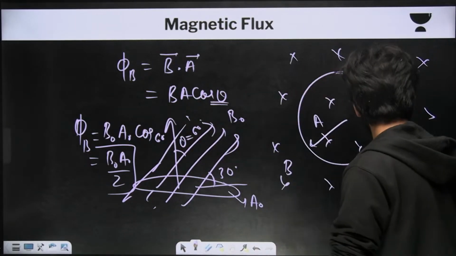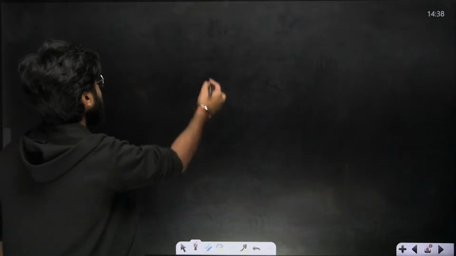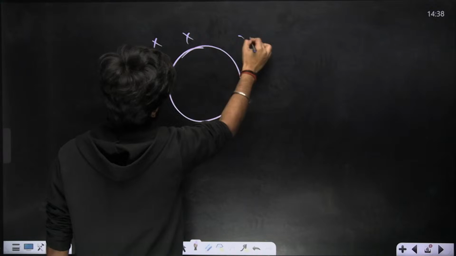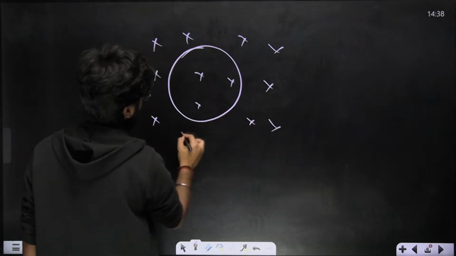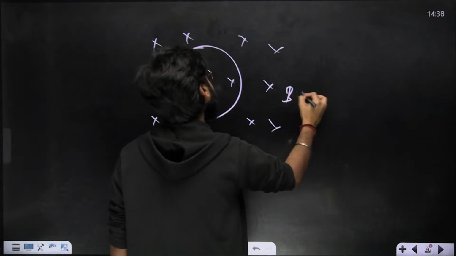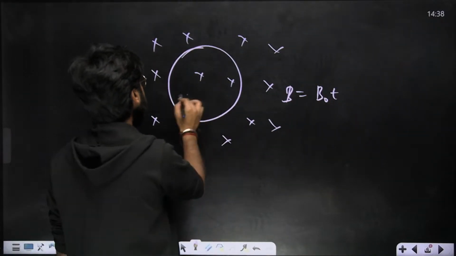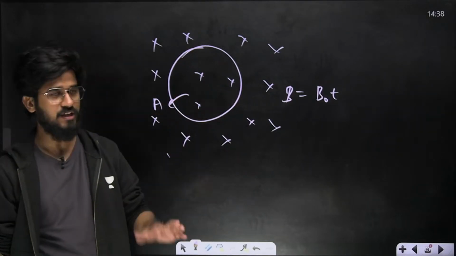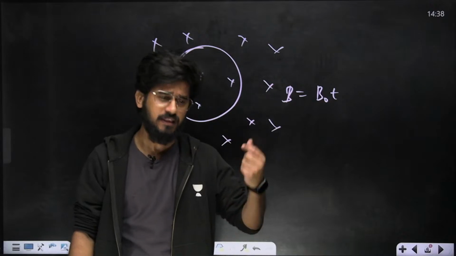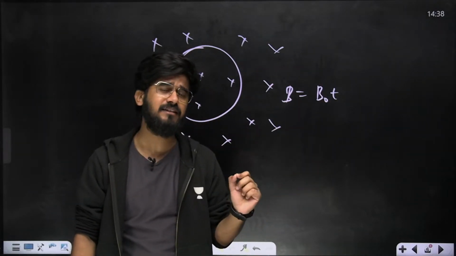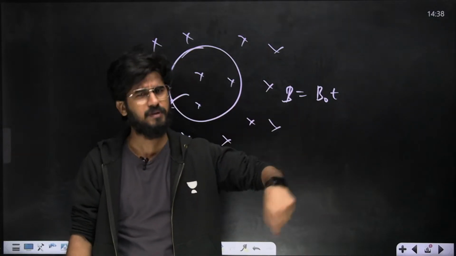Okay. So next thing, suppose that this is a loop and this is magnetic field, and the magnetic field is not constant with time, the magnetic field is changing. This is B, but B is changing, B naught T. Suppose that magnetic field is increasing with time and the area is A. So we saw some effect of this particular thing, that if the magnetic field is changing with time, then there is a small current flowing through this particular cross-sectional area or this particular loop.